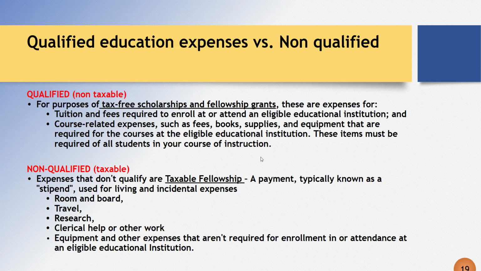You agreed that you will use that money for tuition and course-related expenses such as books and supplies. They don't need to be reported on your tax return. Non-qualified taxable fellowships are everything else that doesn't cover tuition and course-related materials. Some of you were receiving housing supplements, some got different fellowships, awards and honorarium. All of that information has to be reported on your tax return.